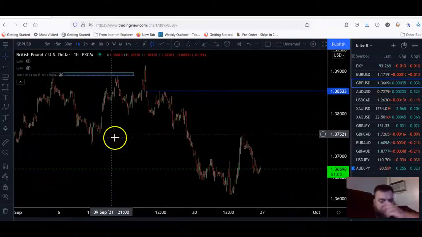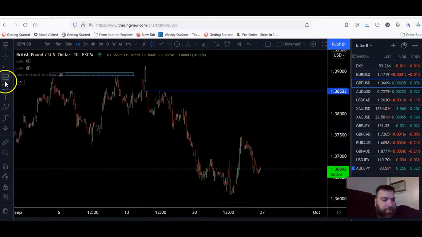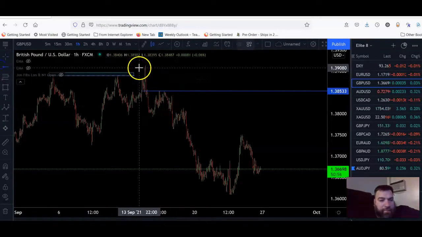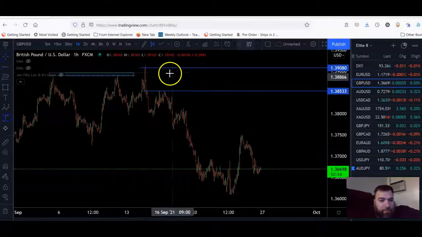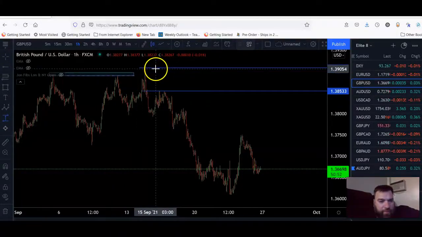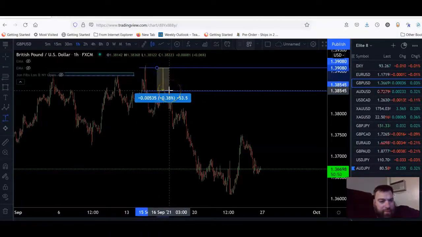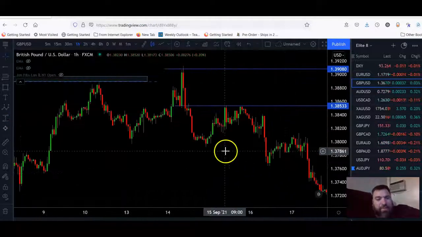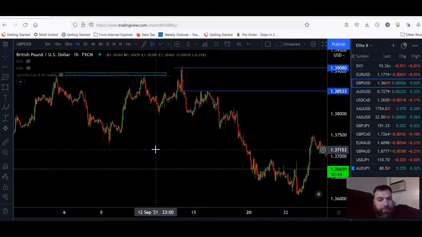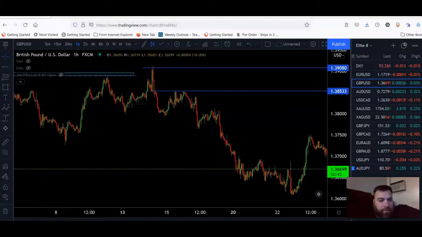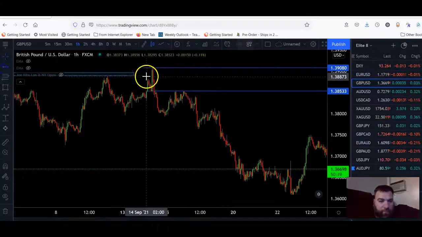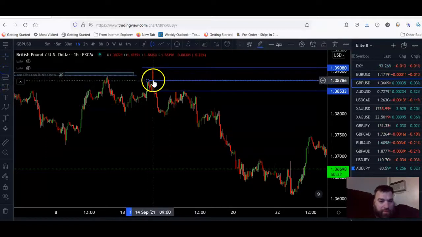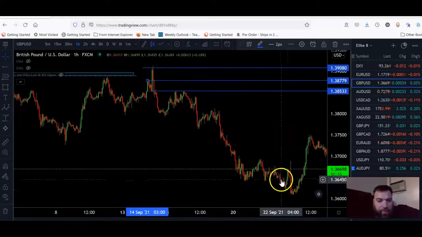But you know what? I really didn't like this, because if your stop loss is up here, that's a 53 pip stop loss. I really didn't like that. I would prefer for price to come up to the middle of this candlestick, then go down.